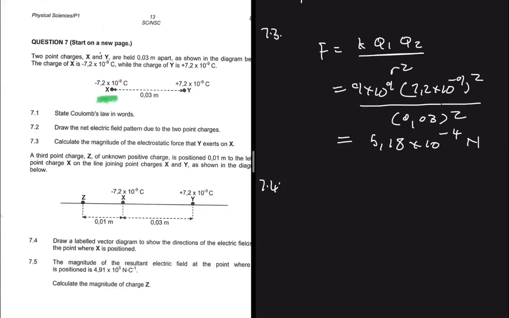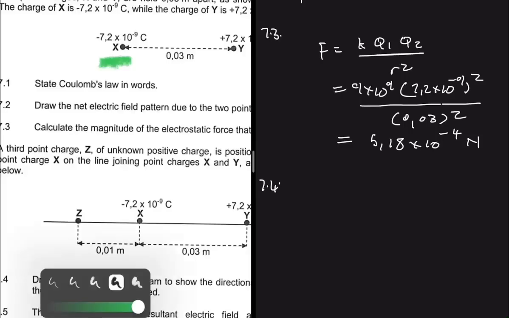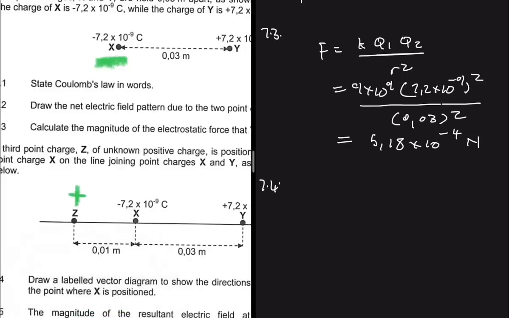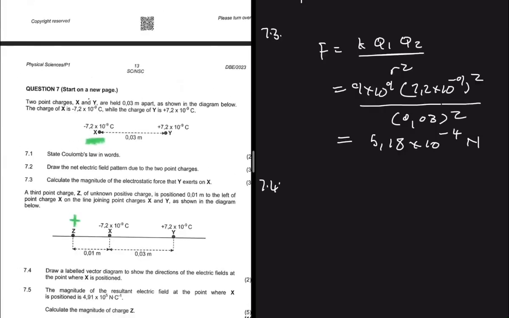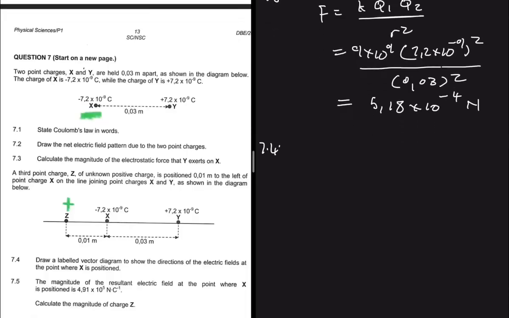Right, so in our question statement, we are told that a third point charge Z of unknown positive charge, so we have a positive right here, is placed 0.01 meters to the left of point charge X on the line joining point charges X and Y, as we can clearly see. Right, so we need to draw a labeled vector diagram to show the directions of the electric field at the point where X is positioned, right?